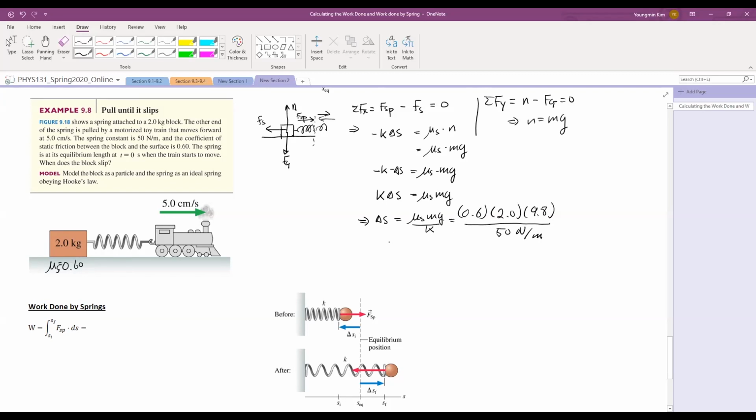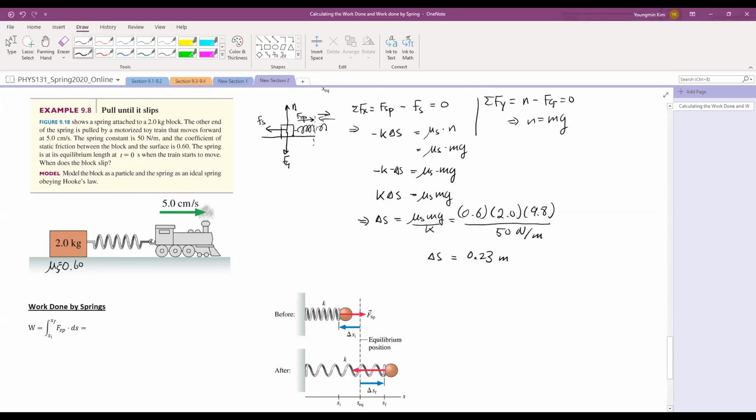So this distance tells me when the spring is stretched beyond this length, it will overcome the maximum static friction and the block will begin to slip, right? So this is 0.6 times 2.0 times 9.8, and this length comes out to be 0.23 meters.